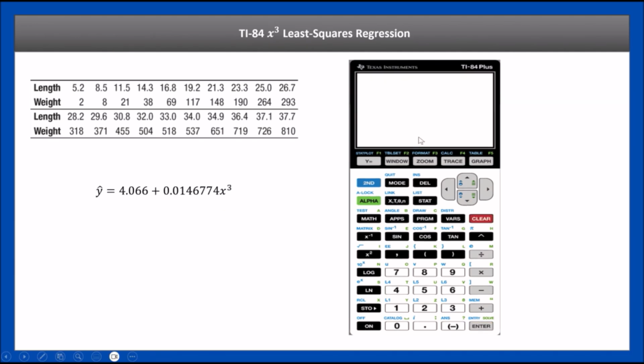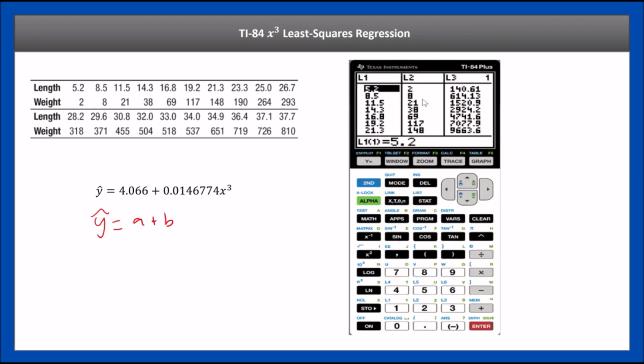All right, so now let's look at how to do the least squares regression. So basically, how do we get the coefficients for the least squares regression model if we cube the data? Like if we do x cubed, how do I get the a and the b? Because we know that the equation is of the form y hat equals a plus bx.